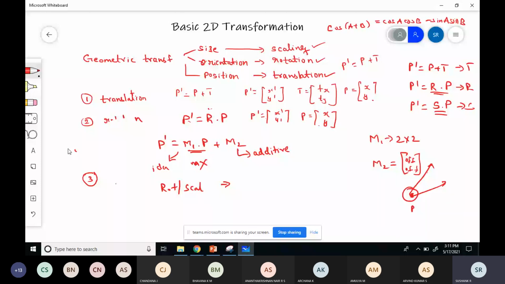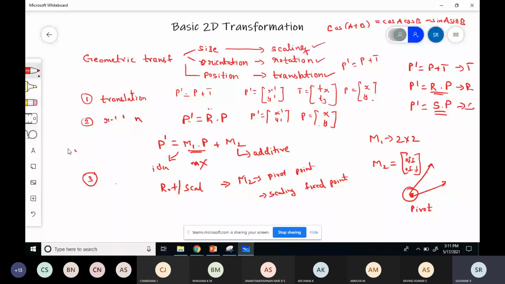So when rotation is being performed, M2 will contain the terms associated with this pivot point. When scaling is being performed, M2 will contain the terms associated with scaling to a fixed point. So P dash is equal to M1 into P plus M2 can be written like this.